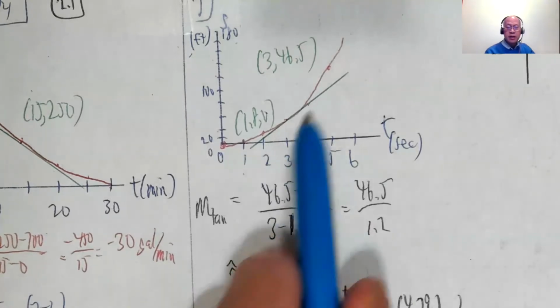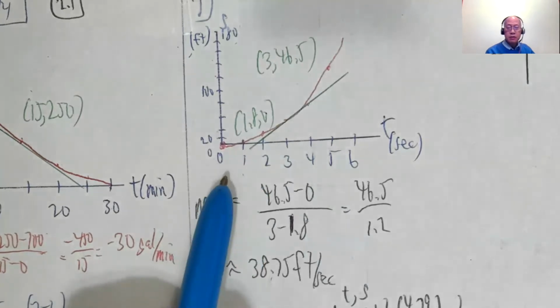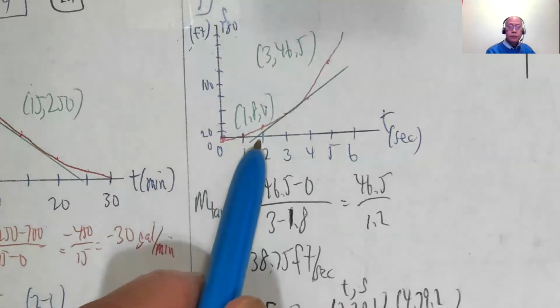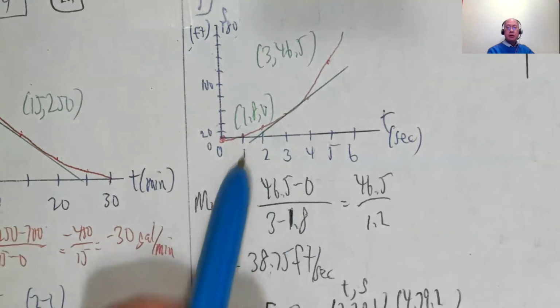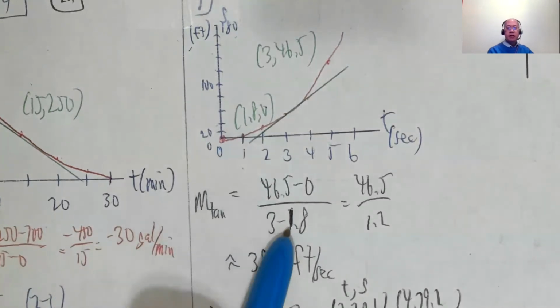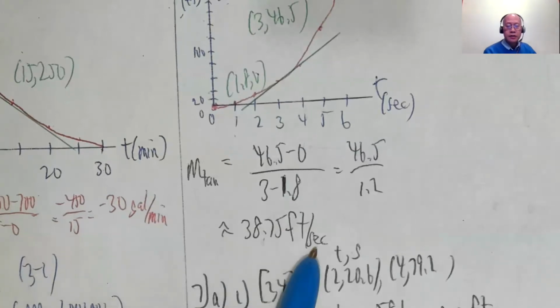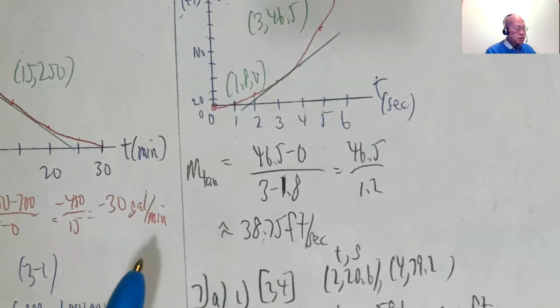So I drew the tangent line. It looks like this lands approximately here. I'll call that 1.8. So the slope is 46.5 minus 0, divided by 3 minus 1.8, which comes out to be 38.75 feet per second. So that's our estimate for the instantaneous rate of change.